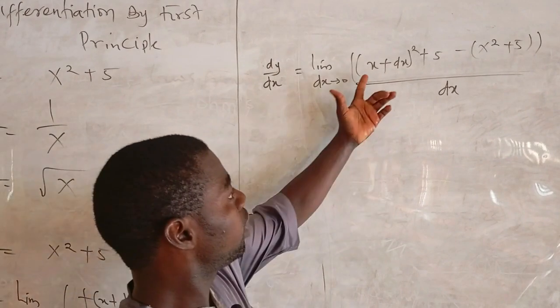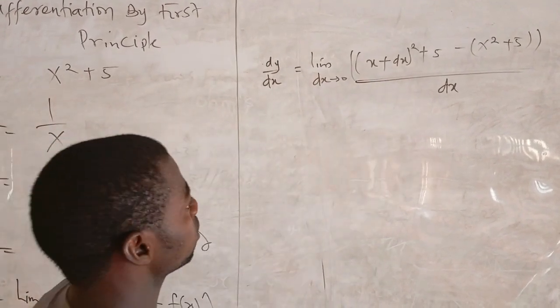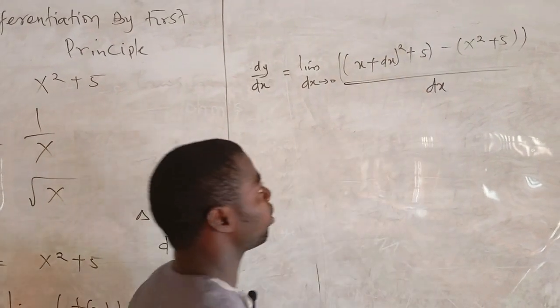How did we get x plus dx squared plus 5? How did we come about that?